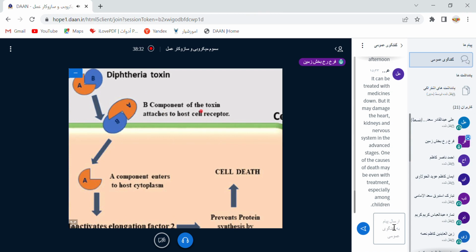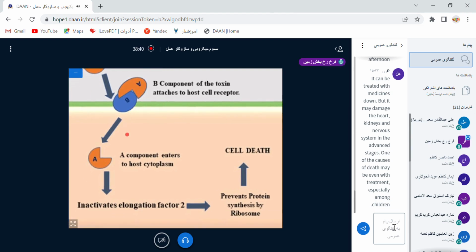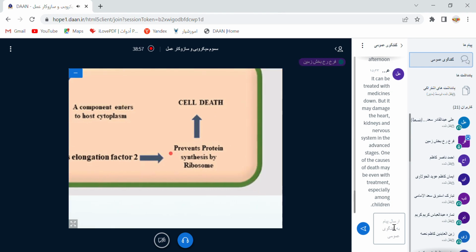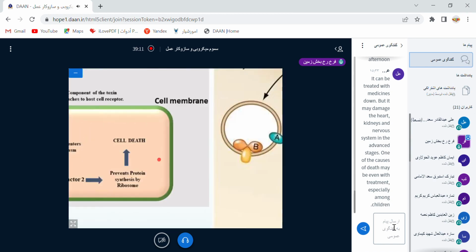Then only A is released in the cytoplasm, inactivates elongation factor 2, prevents protein synthesis by the ribosome, and kills the human cell. One molecule is sufficient to kill one cell.